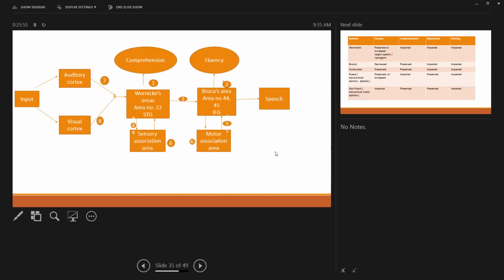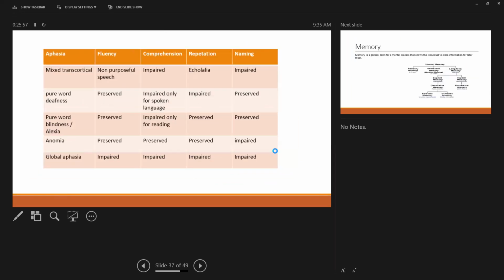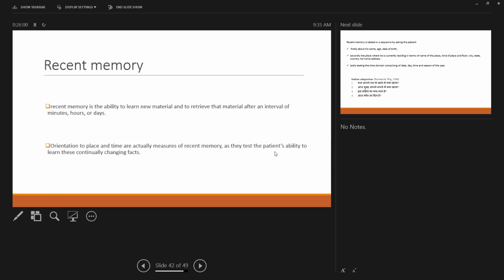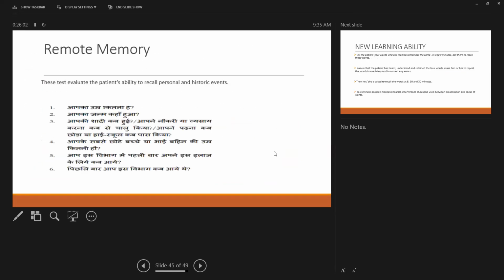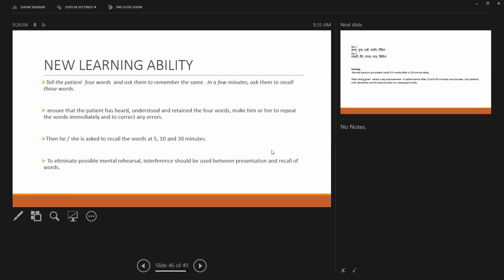Recent memory. In registration you assess your immediate memory, and then recall will assess your recent memory. So new learning ability is recent memory.